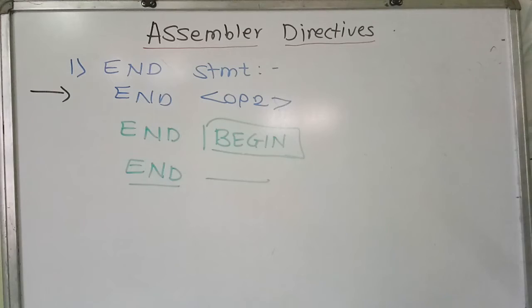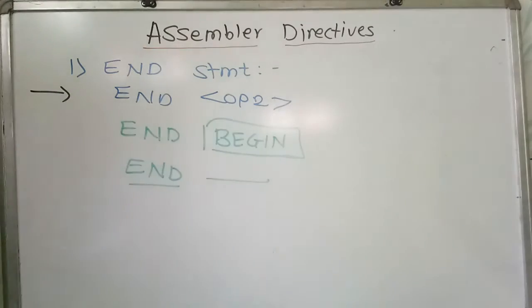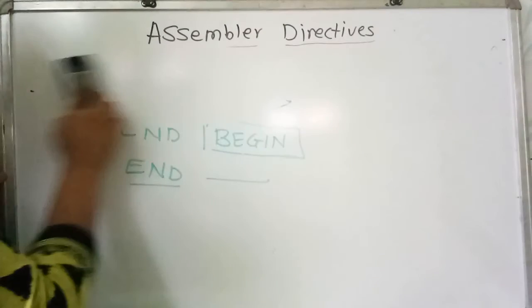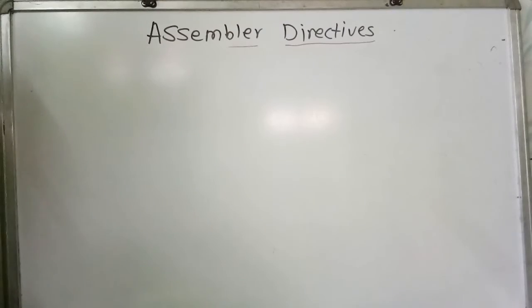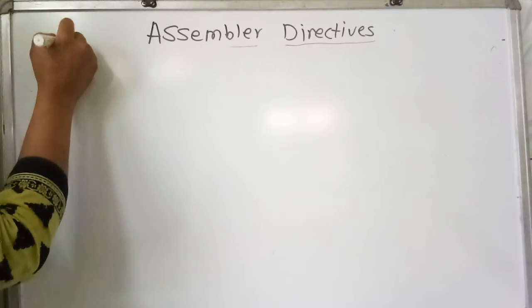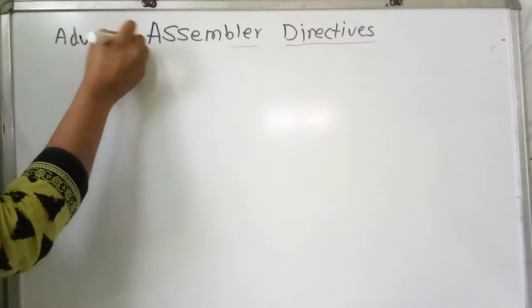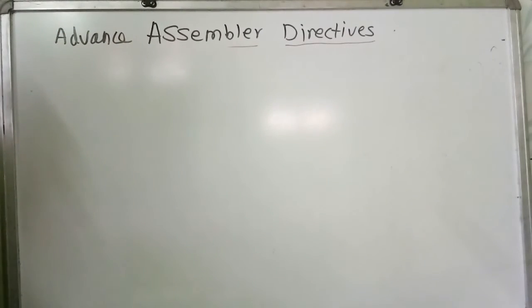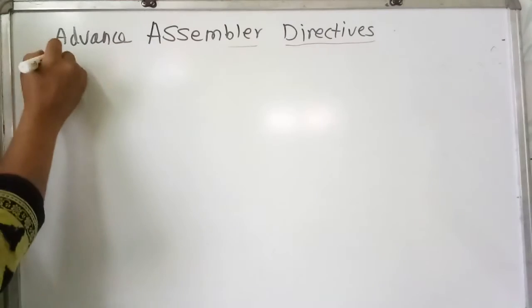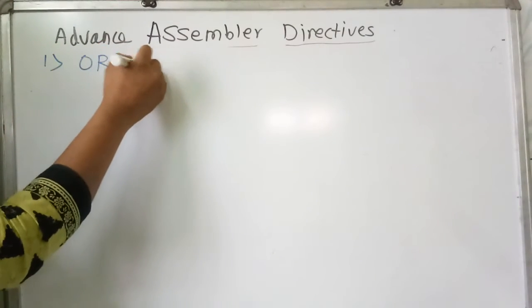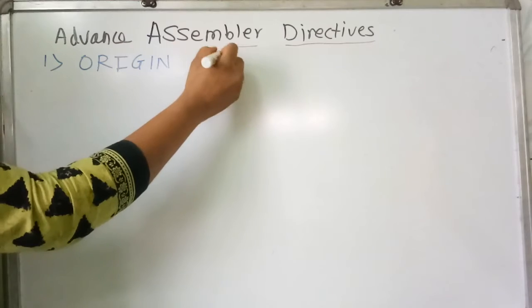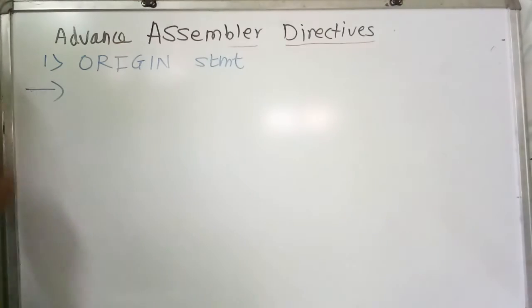Now these are the two basic assembler directives. We will see some advanced assembler directives one by one. First is the origin statement.